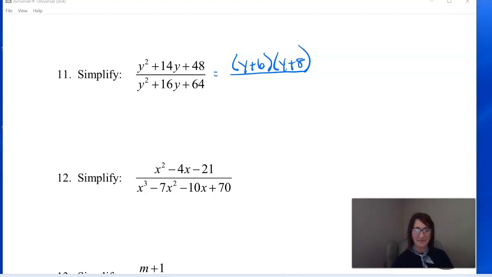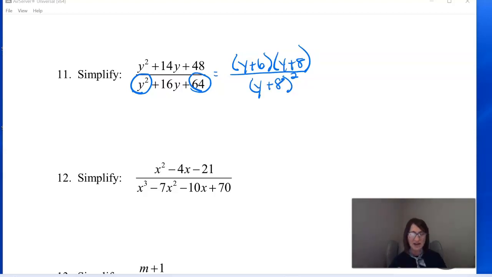And then in the denominator, this one looks like it is a perfect square trinomial. That first term is a perfect square. Our 64 is a perfect square. So if I take that to a binomial squared, it's going to be y plus 8.